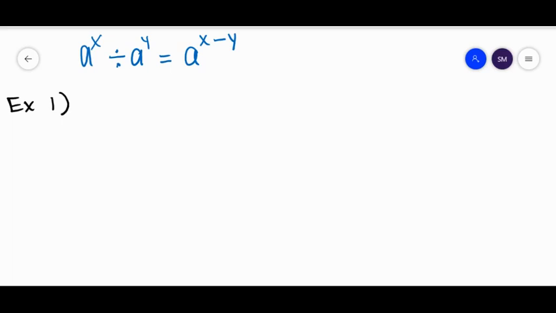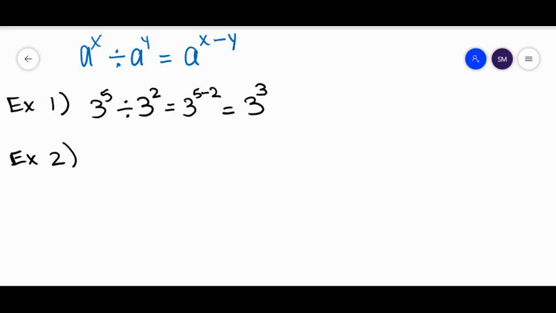So for example, 3 to the 5th divided by 3 squared would equal 3 to the 5 minus 2, which is 3 cubed. K to the 9th divided by k to the 7th would be equal to k squared.